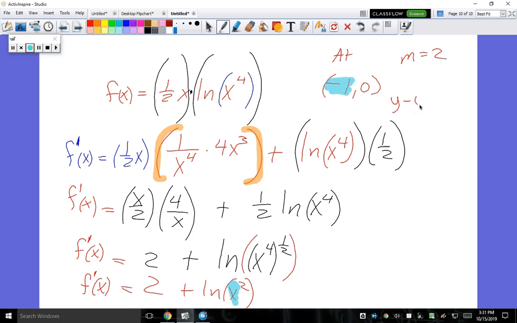So y minus y1 equals the derivative times x minus x1, 2x plus 2. Or 2 parentheses x plus 1. We good? Great. Alright, so that was review of logs, review of exponents, finding the derivatives of exponents, and the derivatives of logs with homework-based problems.